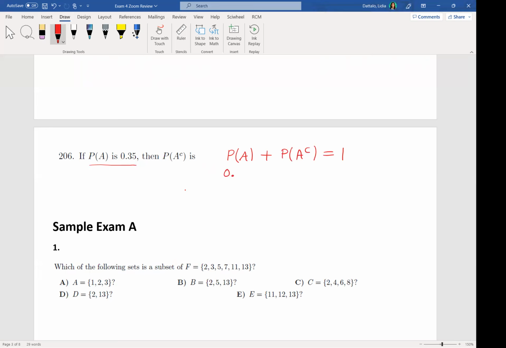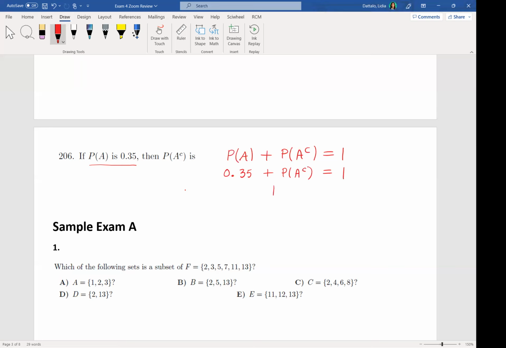These probabilities have to be between 0 and 1. The probability of event A is 0.35, plus we're looking for the probability of the complement, in other words, not A.